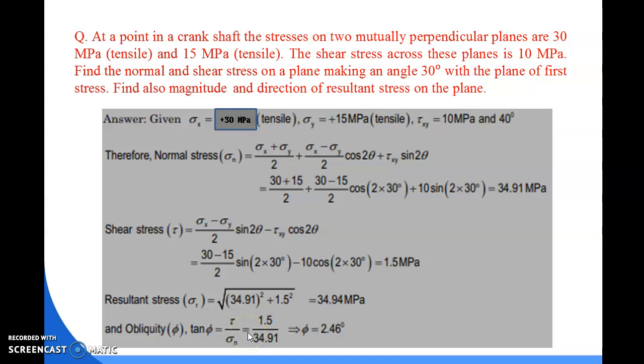Putting the values, tan inverse of 1.5 divided by 34.91, we get phi, the angle of obliquity, as 2.46 degree.